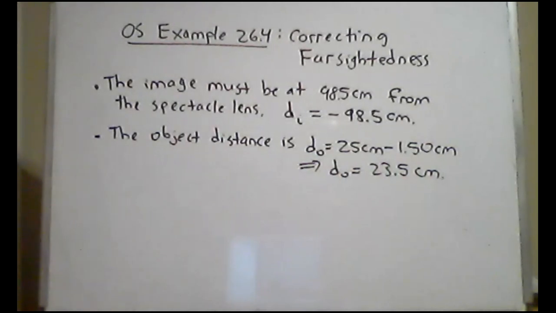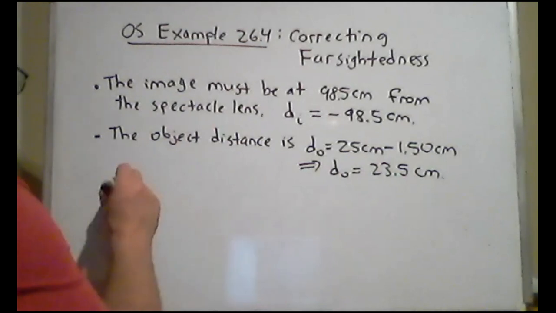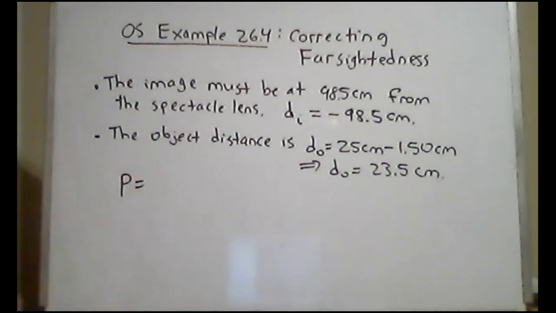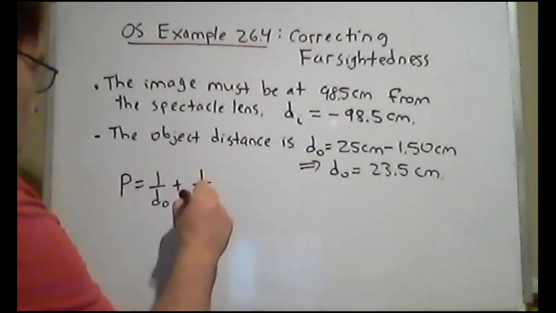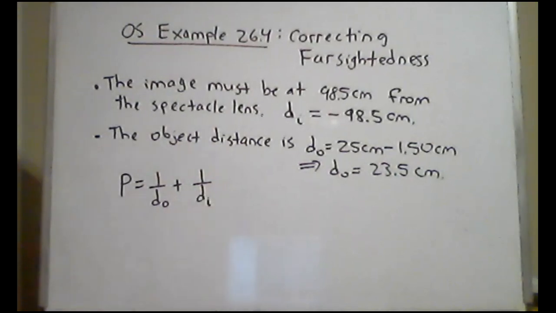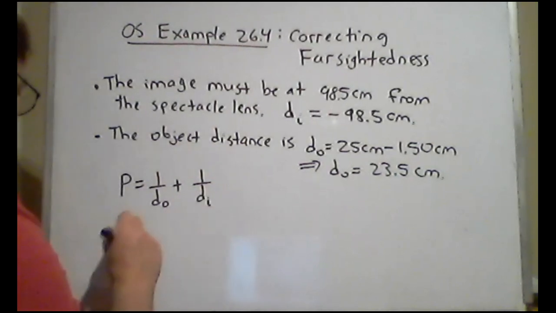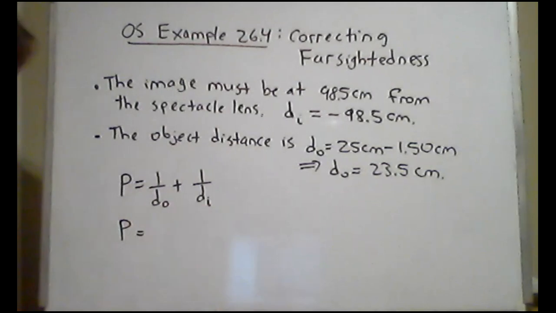All right, so what do you do with the eyeglass formula? Well, P is going to be, again, the eye doctor's formula, 1 over d sub O plus 1 over d sub I. We have to put these in terms of meters.